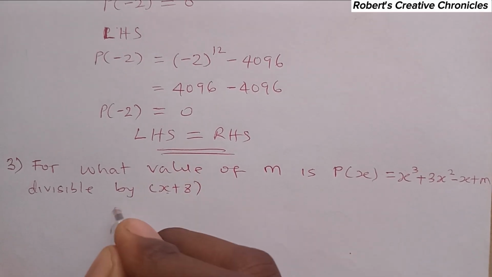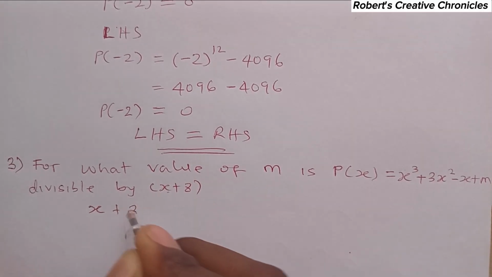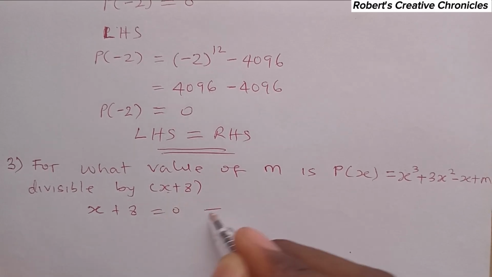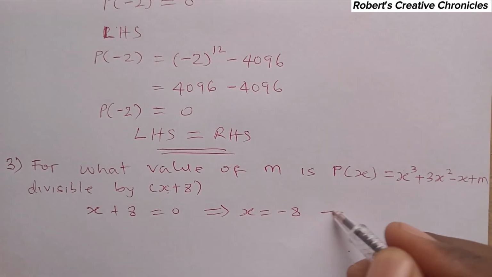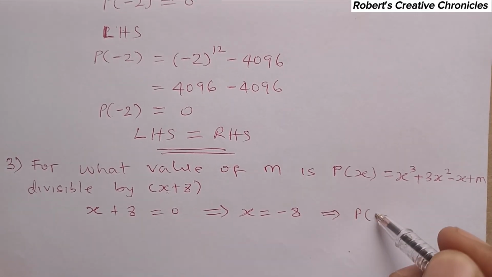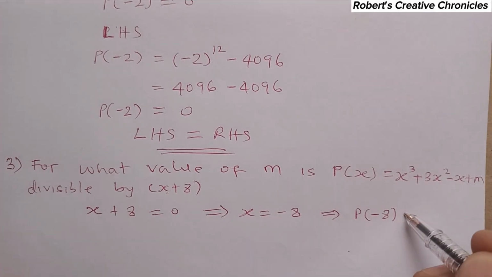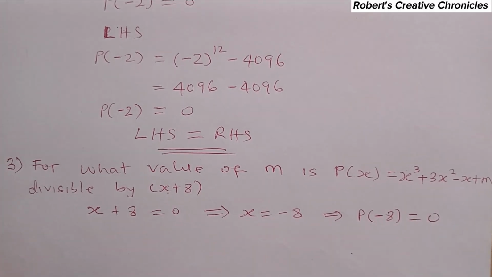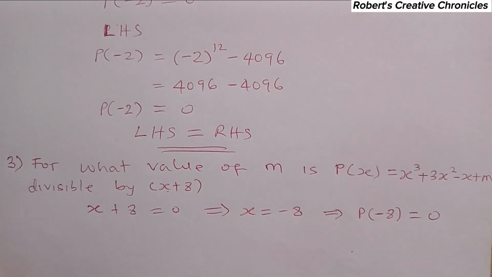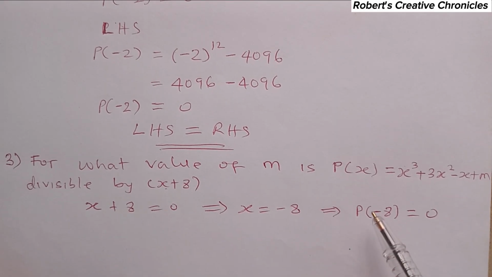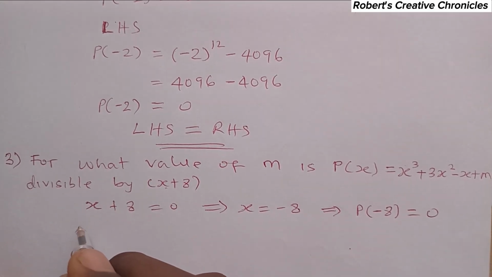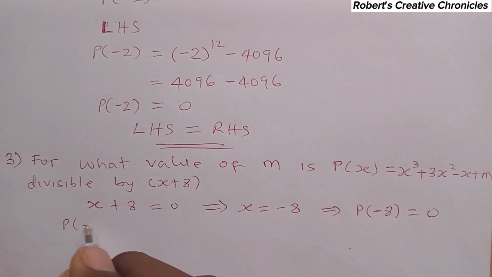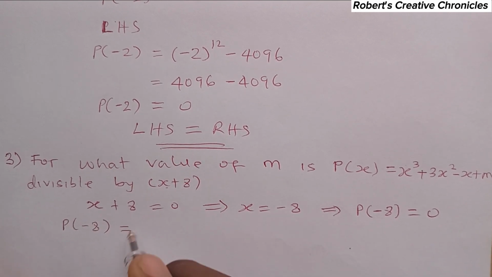So now we'll say x plus 8 is equal to 0, x is equal to negative 8. So this means that the polynomial, when negative 8 is substituted into it, will give us 0, since it is divisible. So now we'll substitute this into it. So p(-8) is now what?